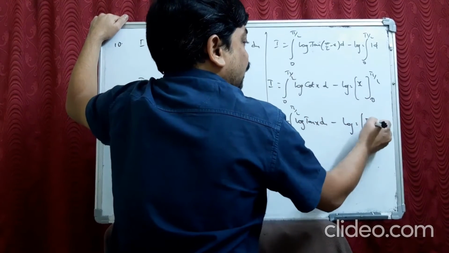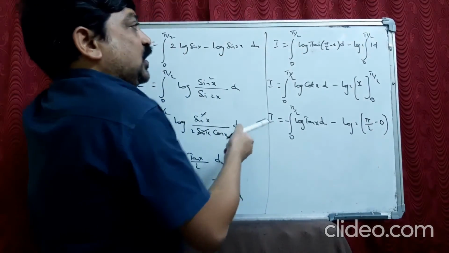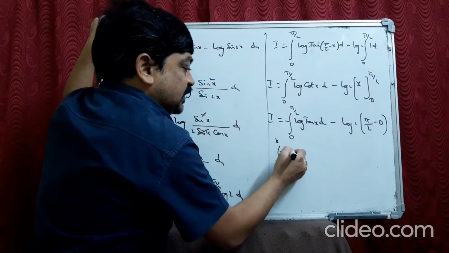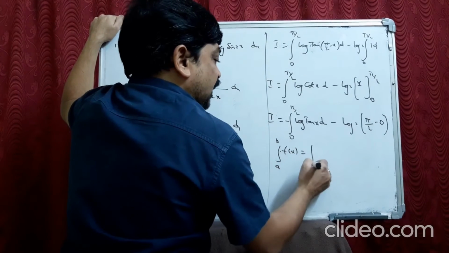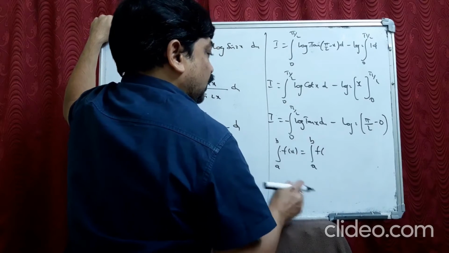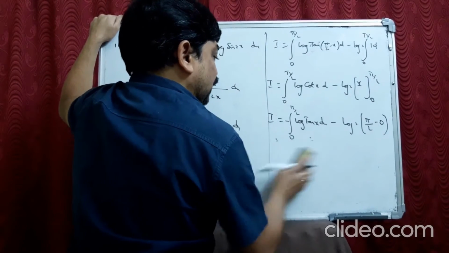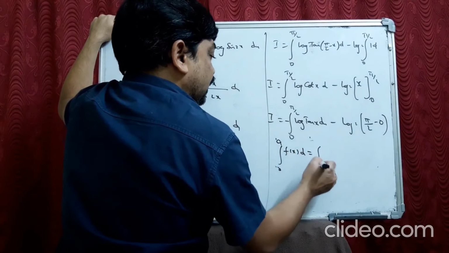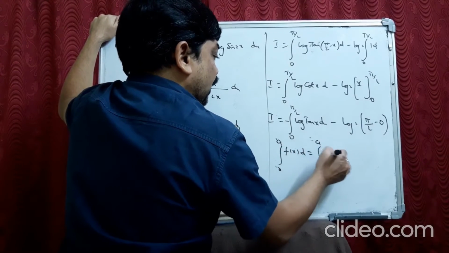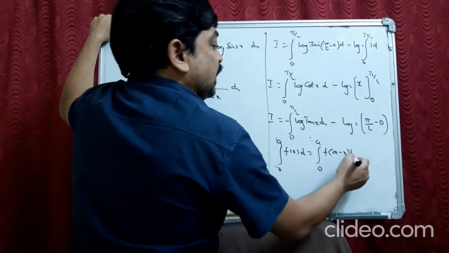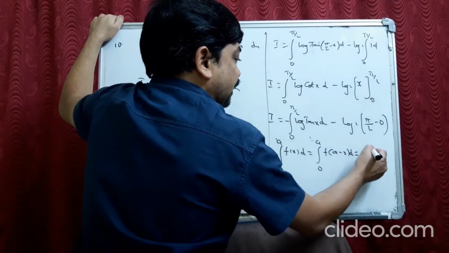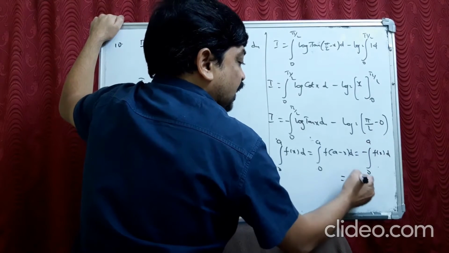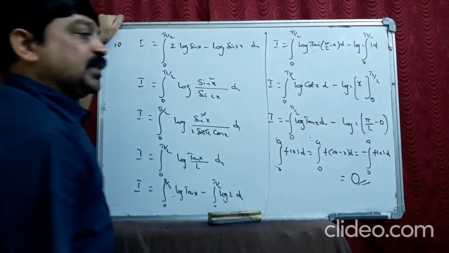It becomes 0 after the next step, because of this property: integration from 0 to a of f of x dx. If you write integration from 0 to a of f of a minus x dx, and it becomes minus f x, then it is called an odd function, and the answer will be 0.